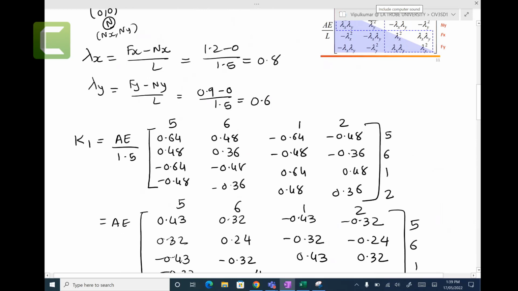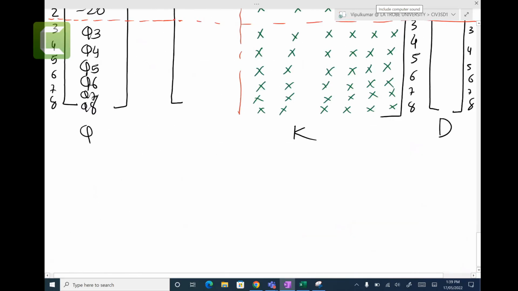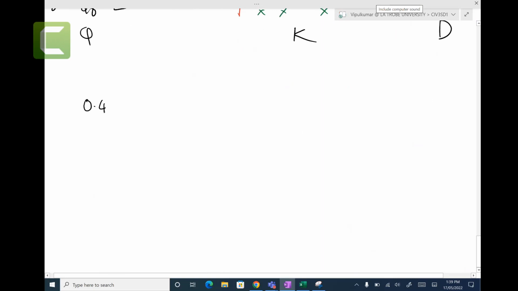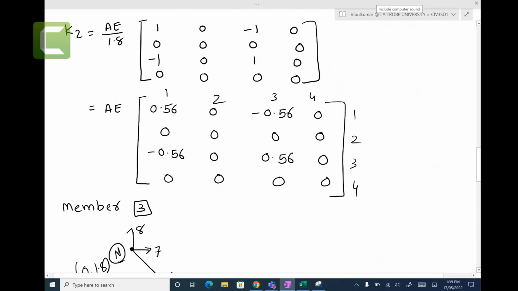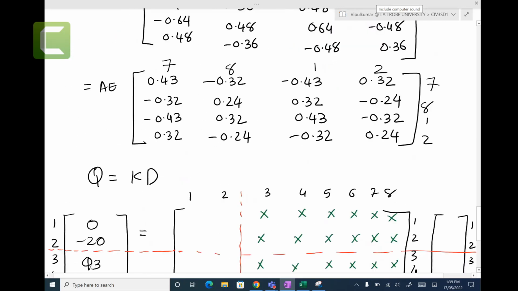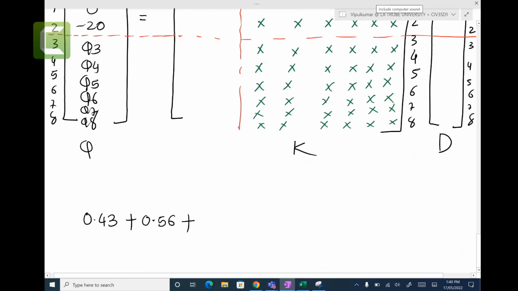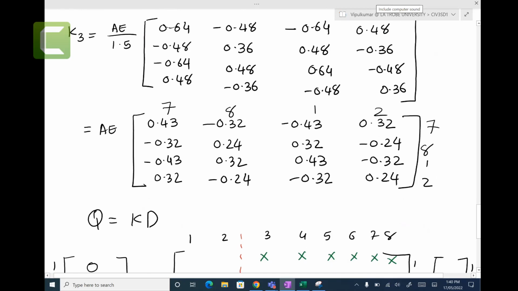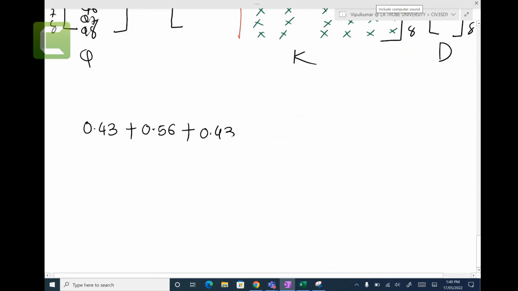So K1, row 1, column 1 is 0.43. Take this 0.43, row 1 and column 1. So let's say 0.43 plus K2, row 1, column 1, 0.56, plus K3, row 1, column 1, 0.43.